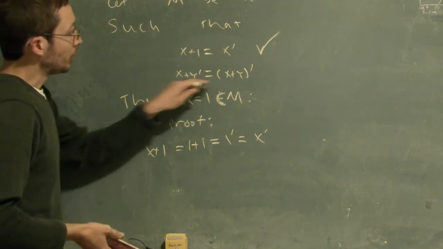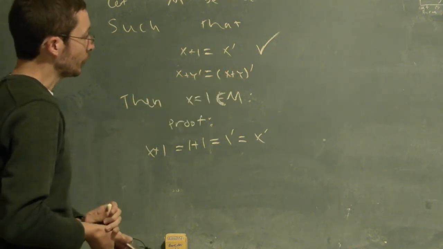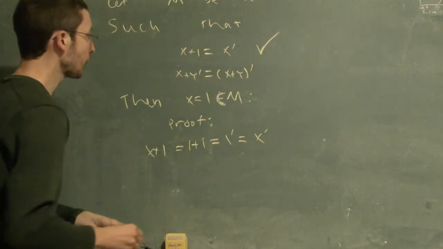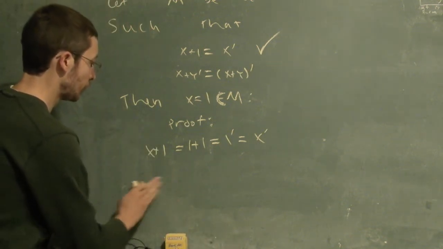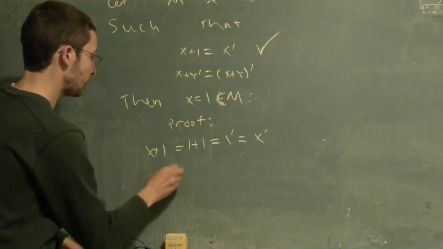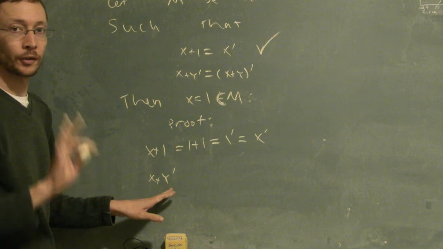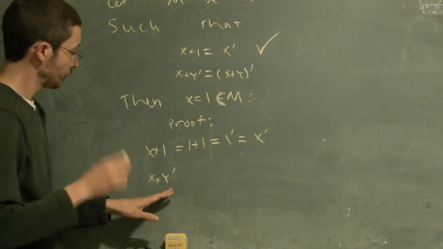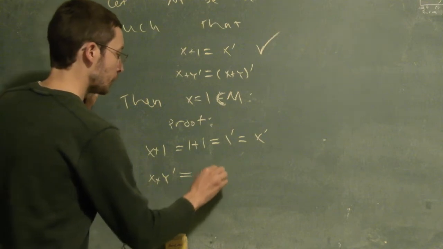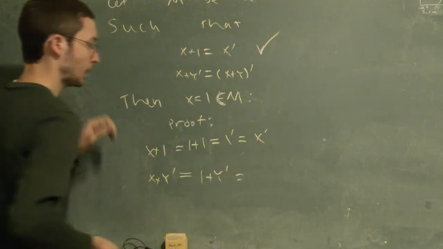The second property we need to verify is that this holds whenever x is 1. And so what do we get? We get x plus y successor, where y successor is just any arbitrary successor. It's just going to be 1 plus y successor.